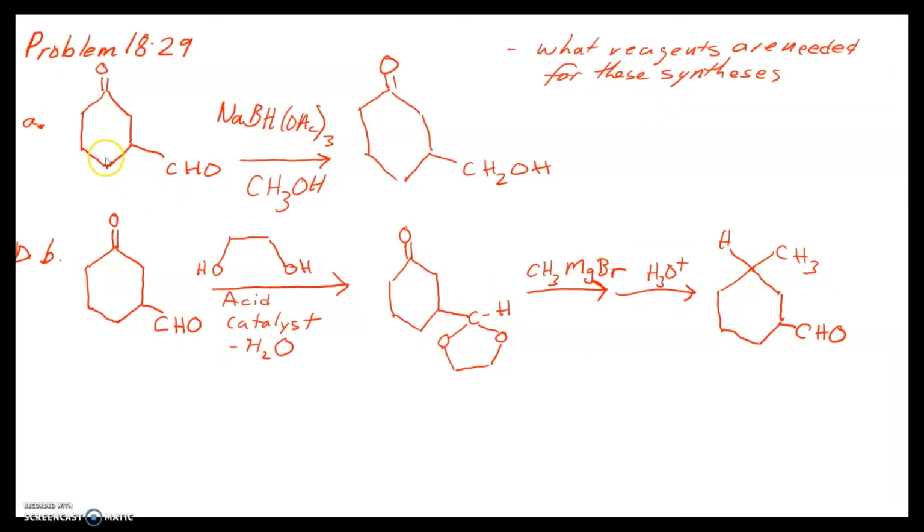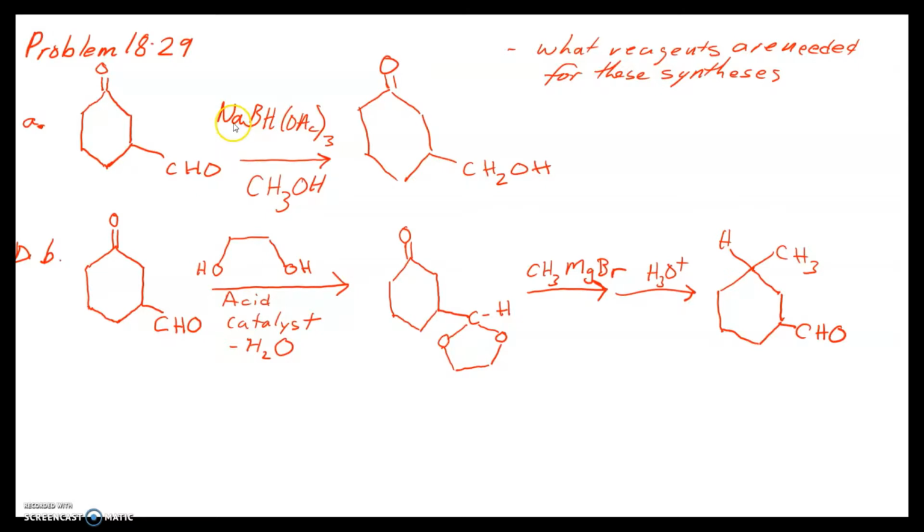In problem A, we are learning how to reduce aldehyde but not ketone. Because if we add NaBH4, NaBH4 is going to reduce both aldehydes and ketones to alcohols. But if you are just planning to reduce aldehyde, then you need to modify NaBH4.